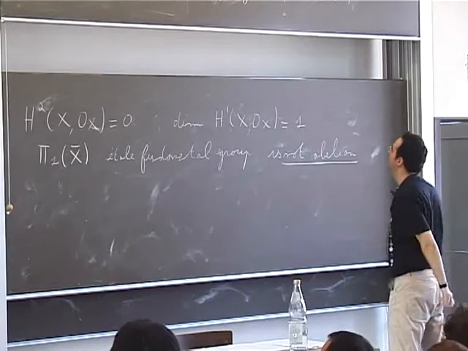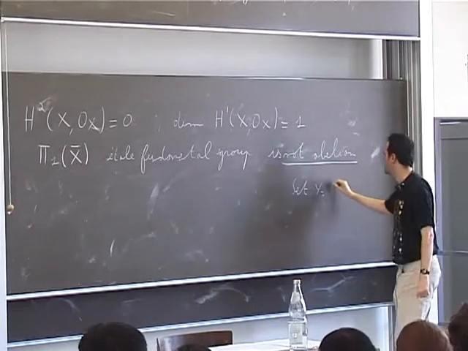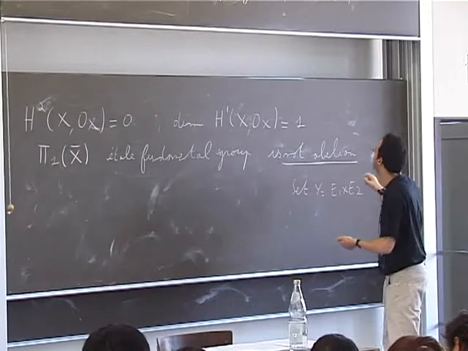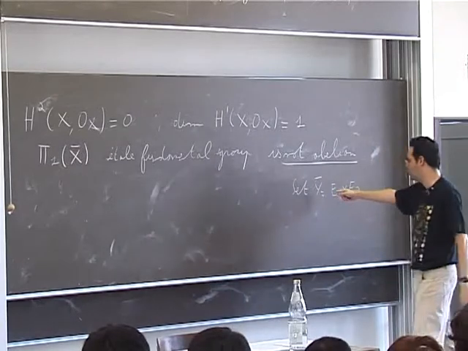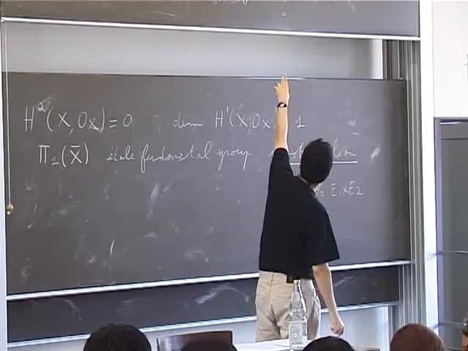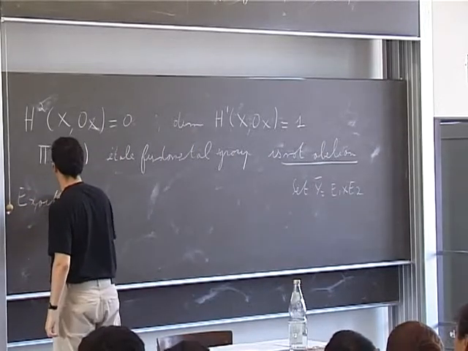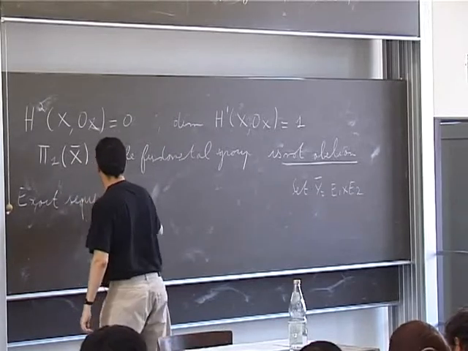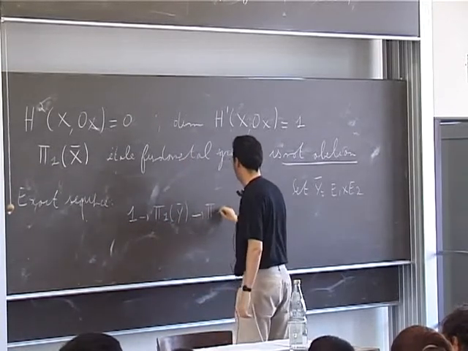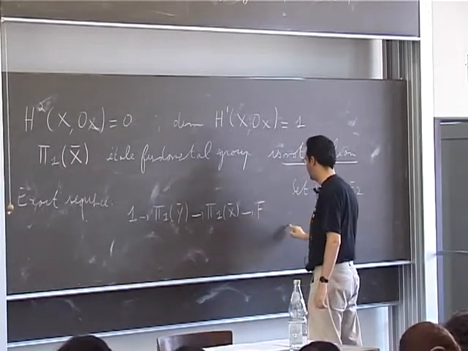This is quite easy to see because if you set Y, the product of the two elliptic curves, or let's say Y bar, just to recall that it is over k bar, then using the étale covering Y bar goes to X bar with the group F, you have an exact sequence like this: 1, pi 1 of Y bar, pi 1 of X bar, and here the group F, finite abelian.